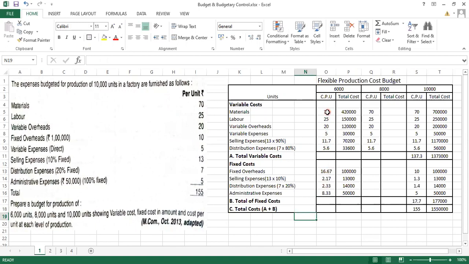Take a total of all the variable cost per units. It will remain the same. 137.3. This will get changed now. 29.50. Take a total of total cost. 8,23,800.